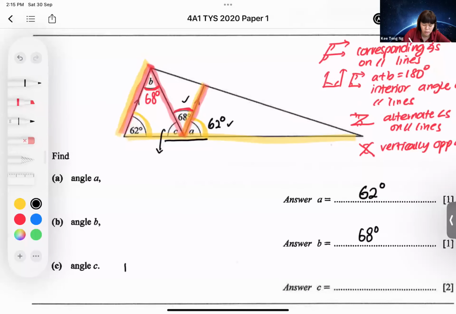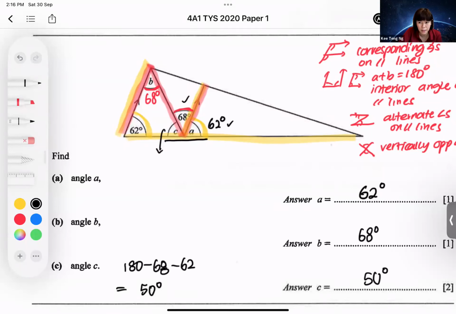So angle C will be 180 minus 68 minus 62 degrees. And that gives me 50 degrees. Adjacent angles on a straight line. Or if you want, you can use angle sum of triangle for this as well. So you still get back the same answer. So the answer will be 50 degrees.